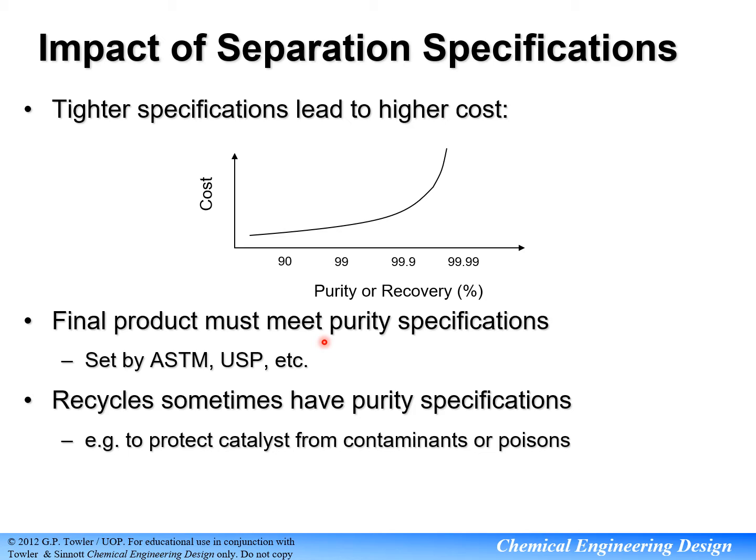This is set by standards such as ASTM, USP, and a few other standards. Recycle streams sometimes have purity specifications too. Why? Because we want to protect catalysts from contaminants or poisons.